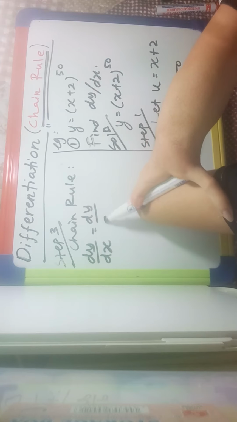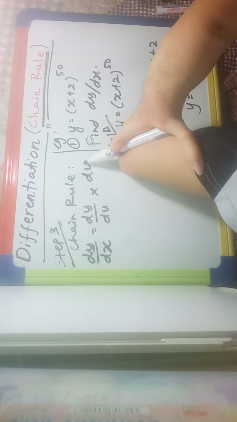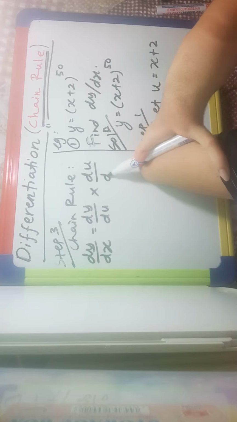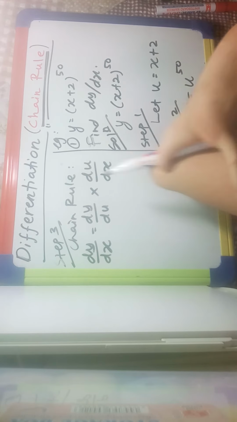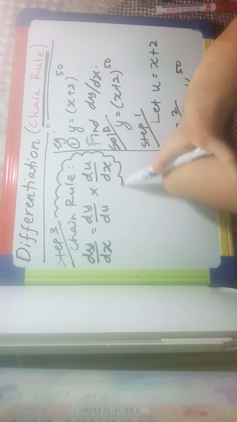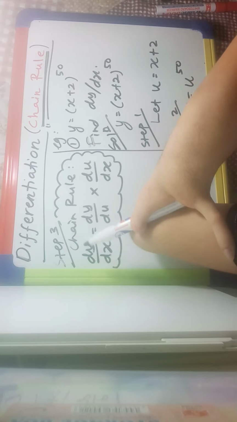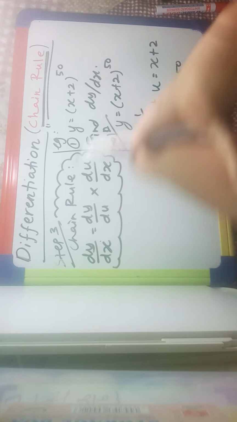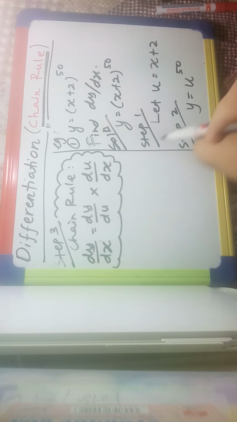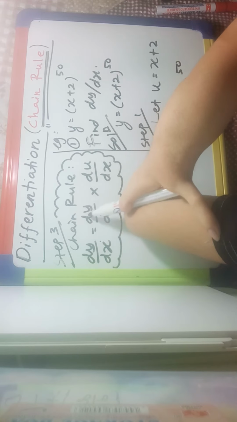the formula for the chain rule is dy over du multiplied by du over dx. This is the formula of the chain rule. How do we apply this formula in this question? Step number 3 says you need to apply the formula of the chain rule.